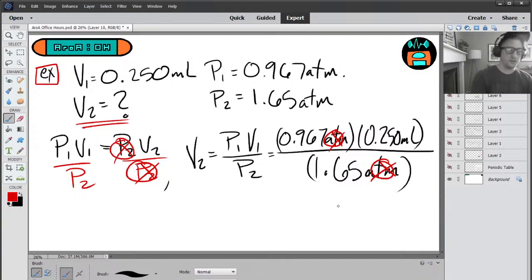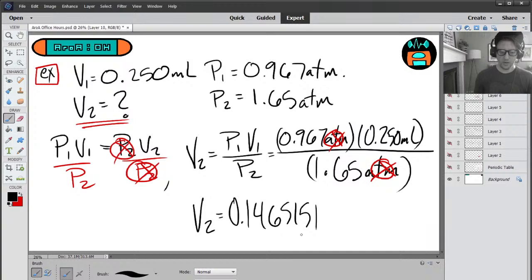Now we're ready to punch in our numbers. 0.967 times 0.250 divided by 1.65. So let's see, it comes out to be 0.1465151. That keeps going for a while. We don't have to, however, because you'll notice that every number used in this problem has 3 sig figs.